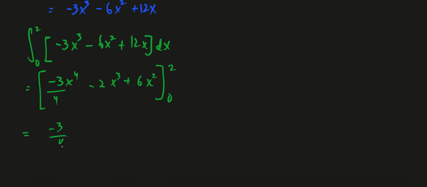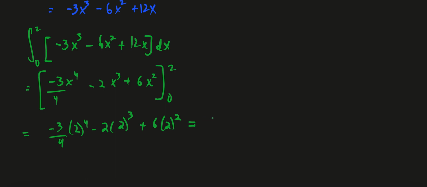It's negative 3/4 times 2 to the 4th minus 2 times 2 to the 3rd plus 6 times 2 to the 2nd. Oh, 2 to the 3rd. This is 2 to the 3rd. And 2 to the 4th. What I did here is I just multiplied these and added the exponents in my head. Okay.